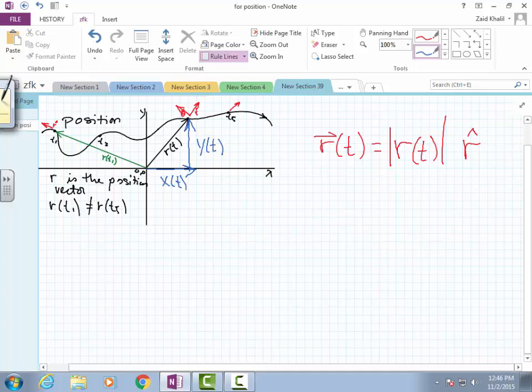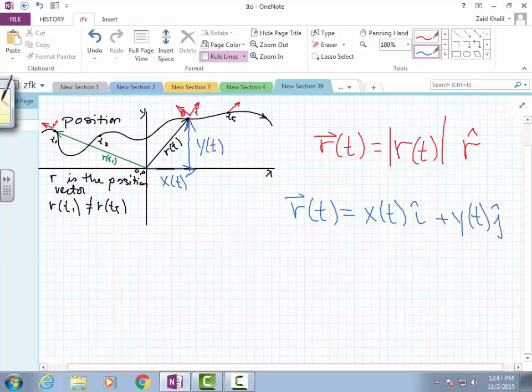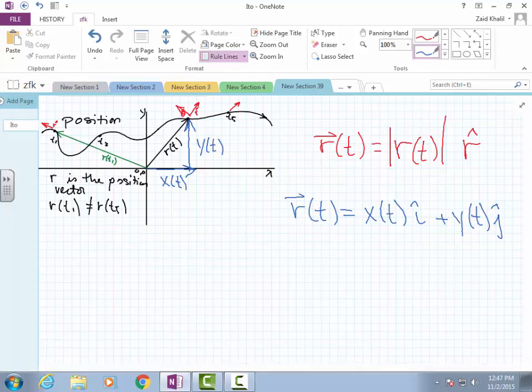And so what can you say r of t is equal to? x of t i plus y of t j. Well, that's nice. It's really nice. And we can do this at every point in space or every point in time. Any questions on this?